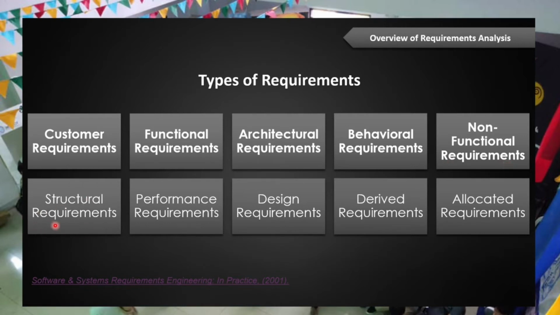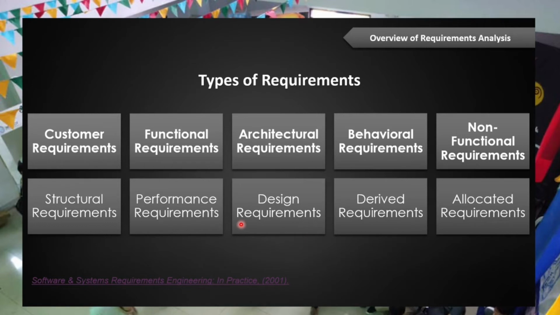Next is structural requirements. Structural requirements are part of architectural requirements that define the structure of the software. Next is performance requirements. Performance requirements are part of non-functional requirements that define how well the software is going to perform.